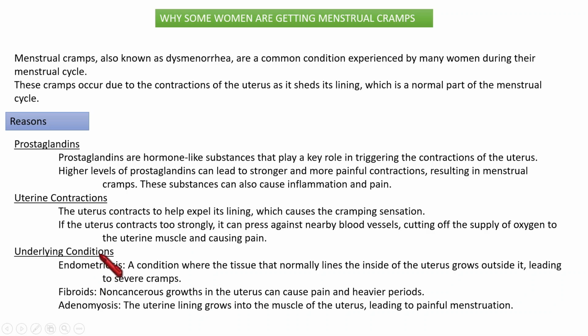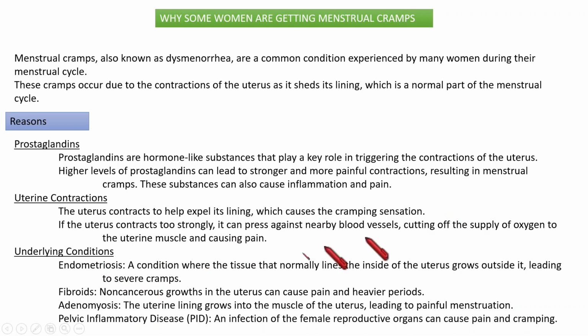These are some abnormal conditions that may lead to a critical situation that forces a doctor to suggest hysterectomy to that woman. Then pelvic inflammatory disease. If inflammation occurs in the reproductive organs, that also may cause pain. We have seen that too high levels of prostaglandin can cause inflammation. So those are some reasons.